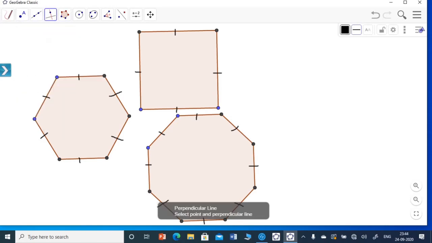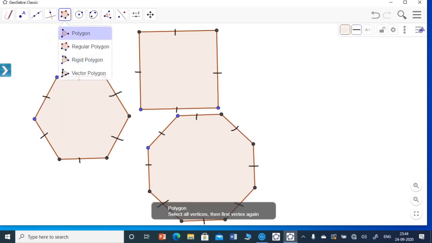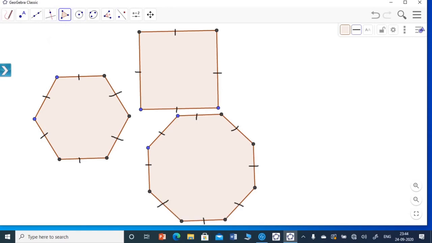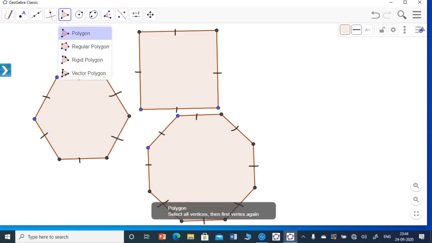Now, what do you mean by irregular polygons? The polygons which are not equilateral or equiangular are called irregular polygons.